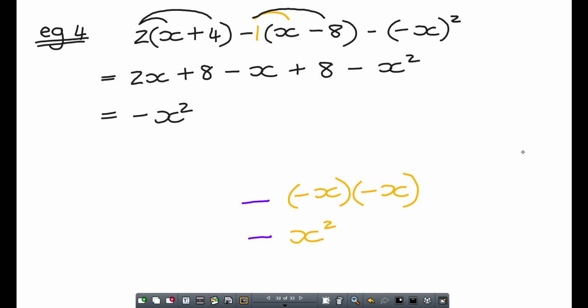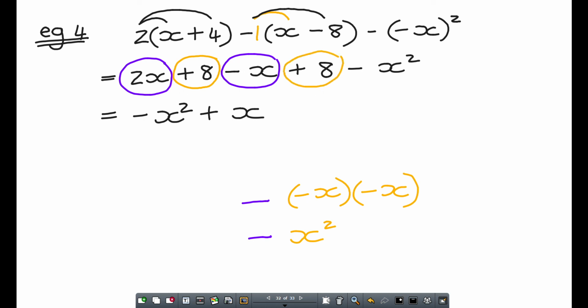Okay, now let's look at the x's. I've got 2x minus x, which means that I will have just x, or 1x. Okay, and then we have 8 plus 8, which will be 16.